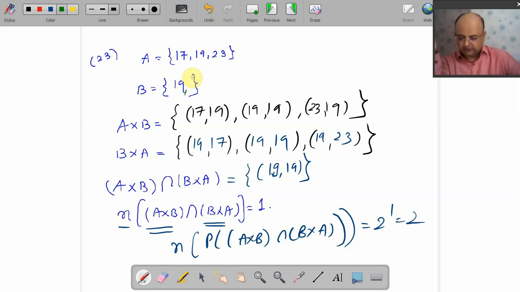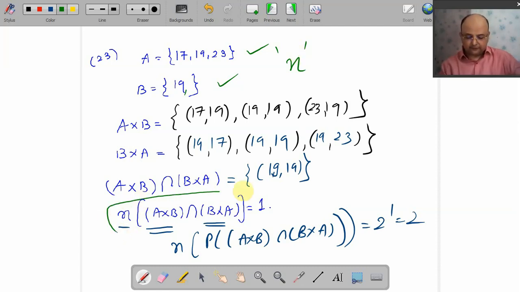Yes, so you can think about this also. And now I am generalizing my question. If this set and this set have n elements in common, then what is n of A cross B intersection B cross A? Think, I will not give everyone the answer. Okay, repeat the question.